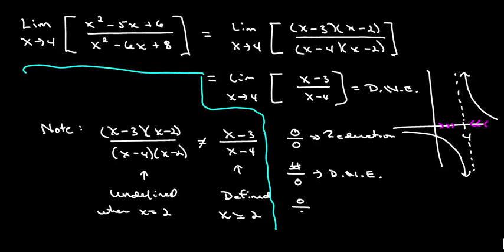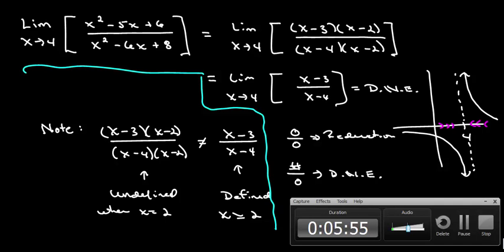If you get 0 over a number, then our limit is 0. So this limit doesn't exist because you have this vertical asymptote. Holes in graphs, the limit's going to exist. Vertical asymptotes, no.